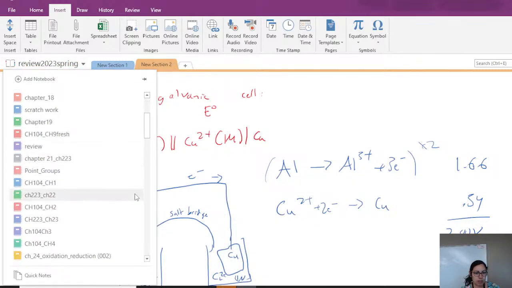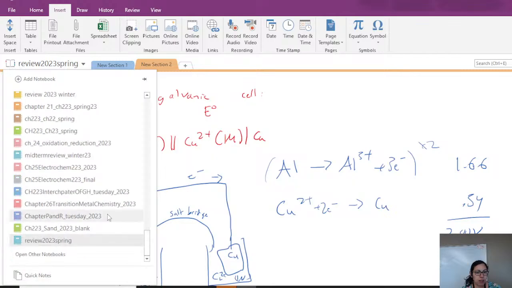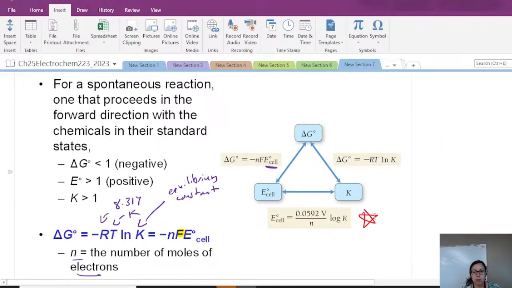And so we could calculate more with this. If we had asked for delta G, we could have plugged it in using our cell potential. And then note what we wrote on the board. If we went further with this, what would our N be for this case? So 6 electrons.